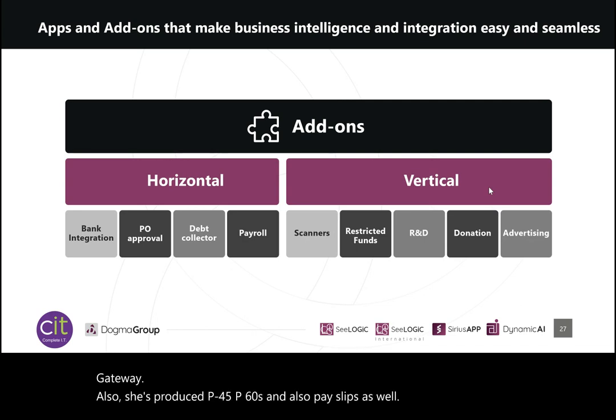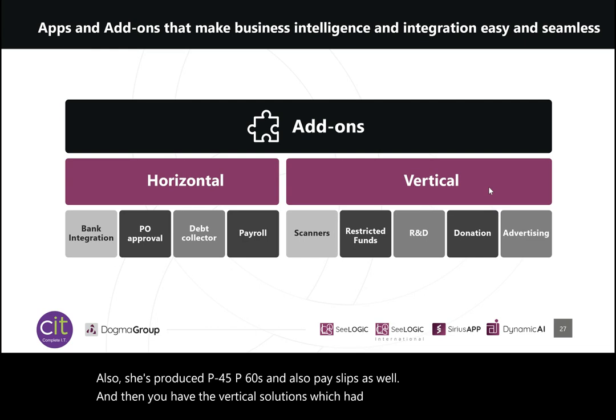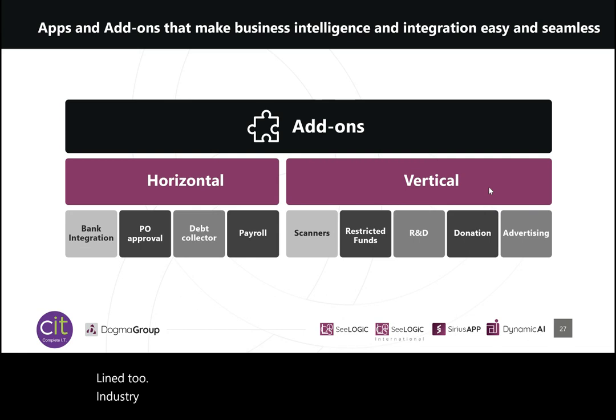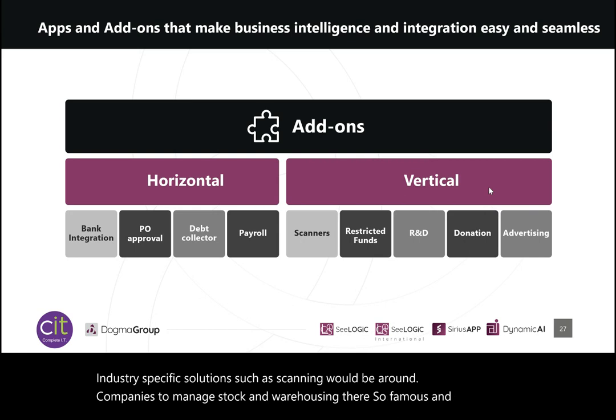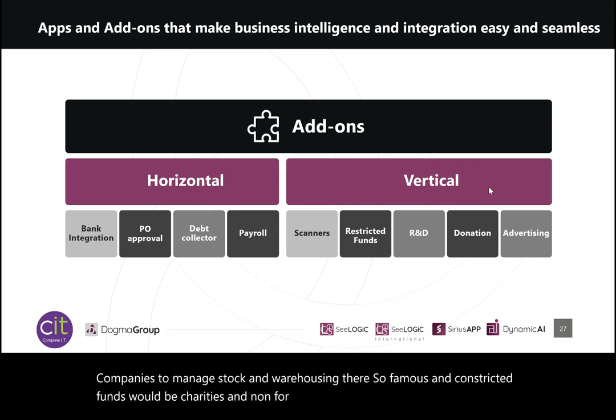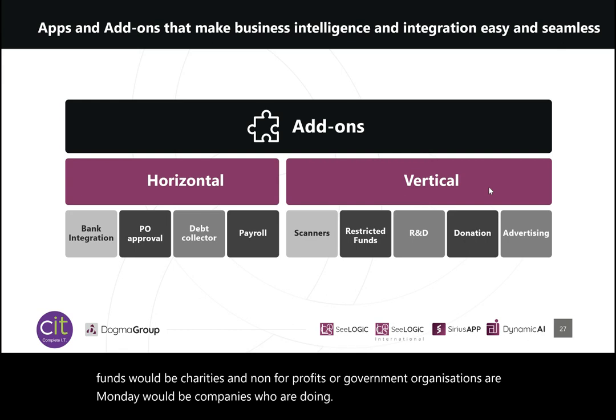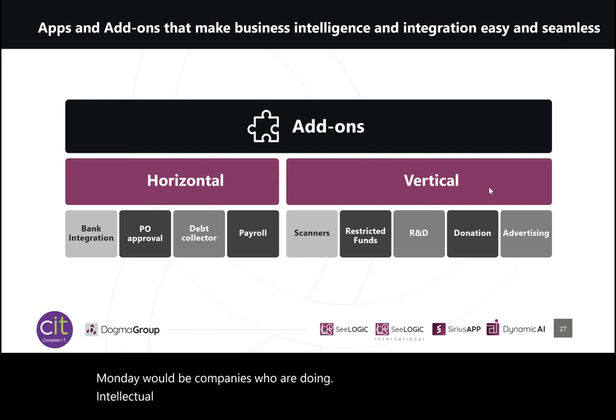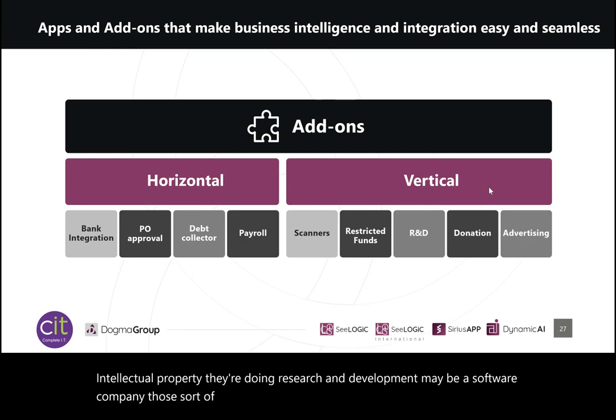And then you have the vertical solutions, which are more aligned to industry-specific solutions, such as scanning, which would be around companies who manage stock and warehousing, those sort of things. Restricted funds would be charities and not-for-profits or government organizations. R&D would be companies who are doing intellectual property, research and development, maybe a software company, those sort of things. Donation management we talked about on the charity side, so people who are collecting donations from a charity point of view.